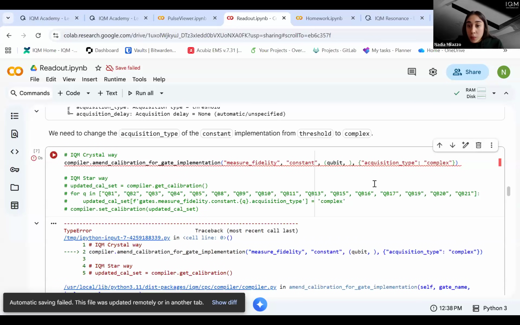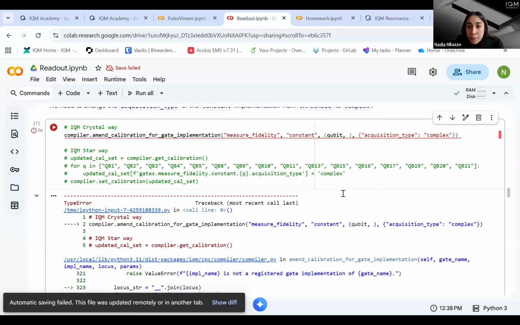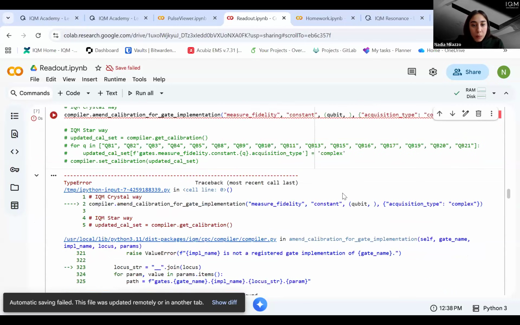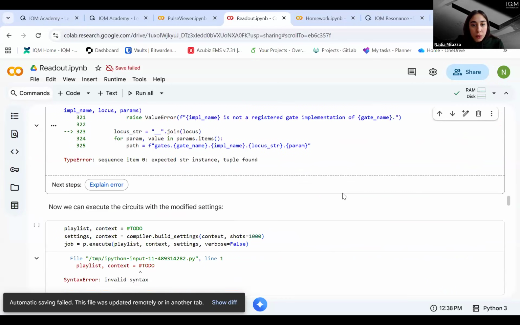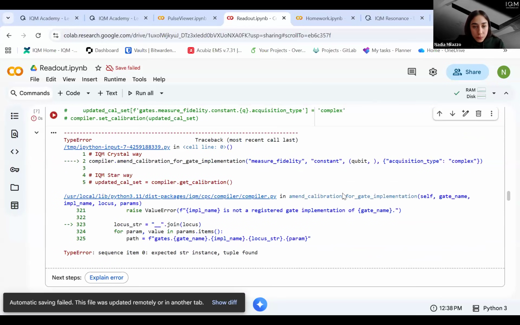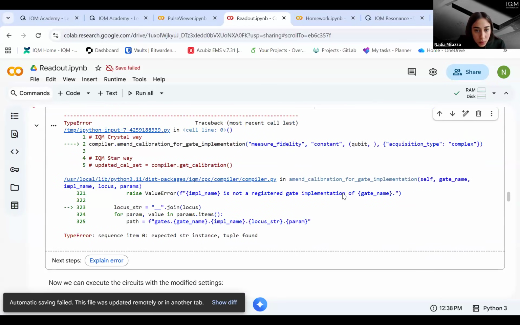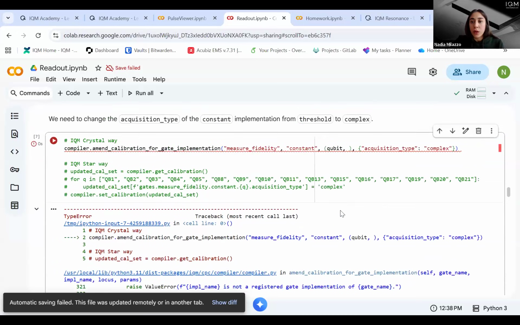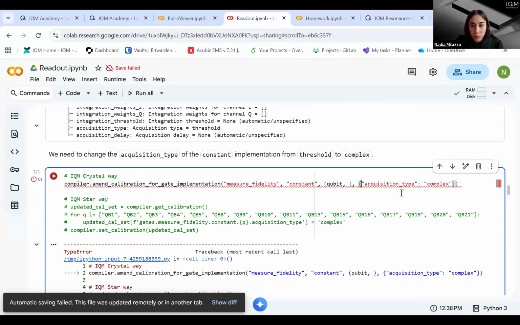Okay, I have a type error. I probably typed something wrong. Sequence item 0, tuple found here.